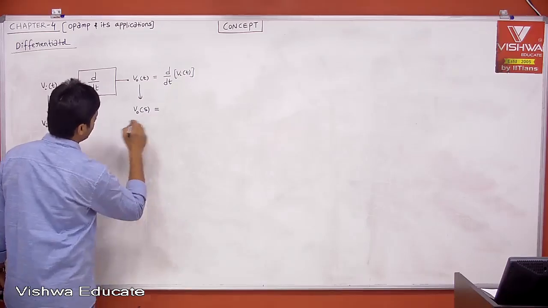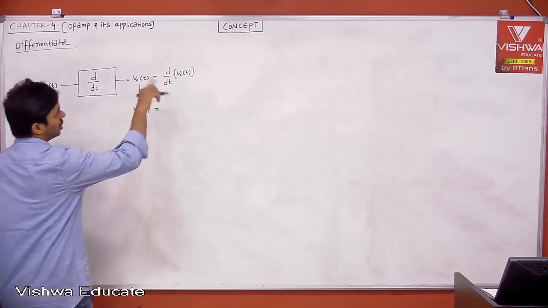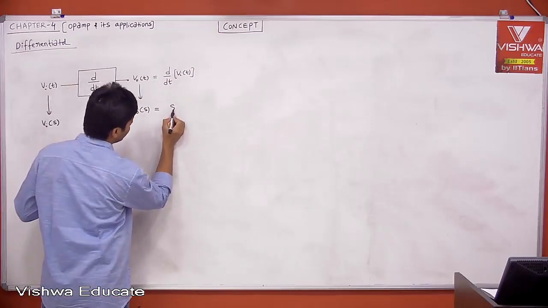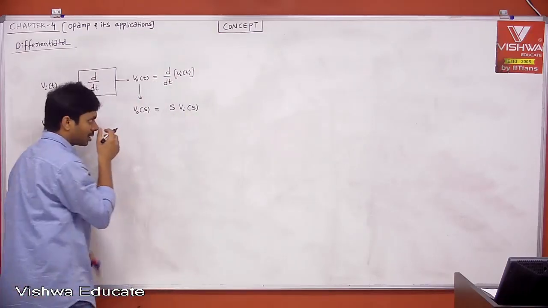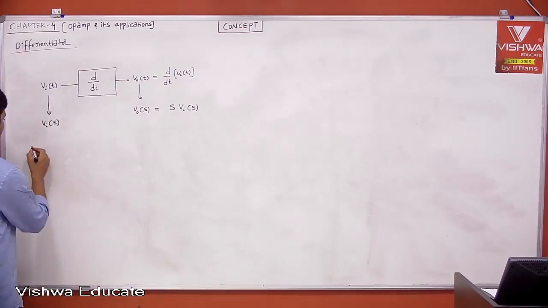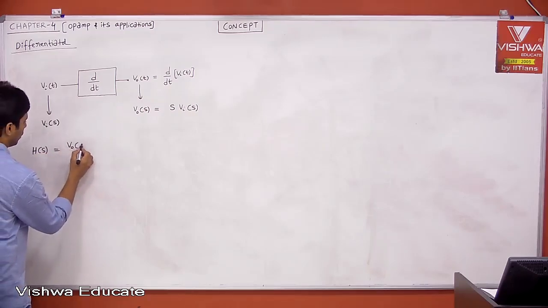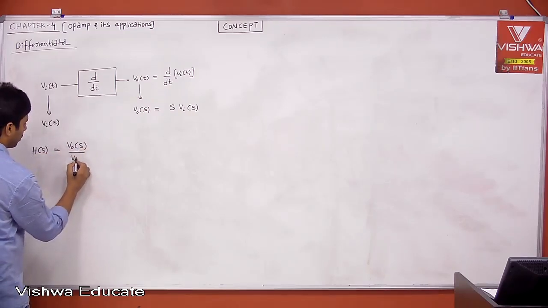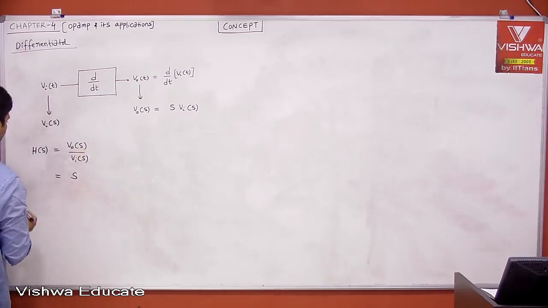Differentiation of Va of t in s domain is s into Va of s. In the case of integration it is 1 by s, but in the case of differentiation it is s into Va of s. Then what is the transfer function? H of s is equal to V naught of s divided by Va of s. That is simply s, right?